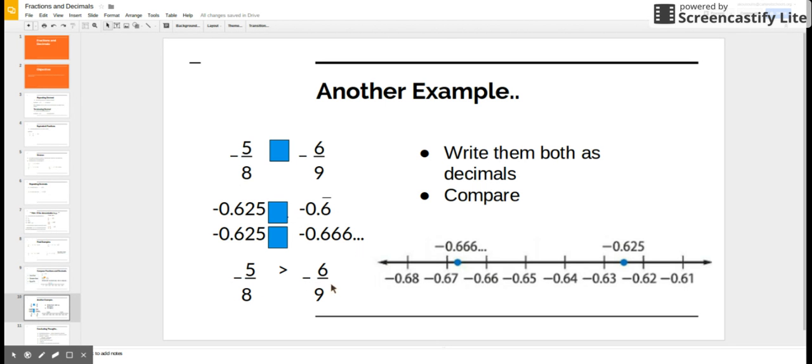So that's why this is less than this. And if we look here, if we were to graph negative 625 thousandths, it would be somewhere over here on the number line. And if we were to graph negative 666 thousandths, it would be somewhere over here. So if you realize here, this number is to the right of this number, therefore this number is greater.